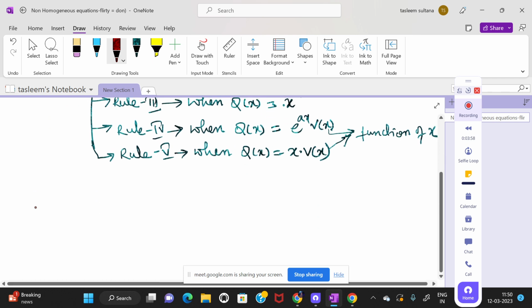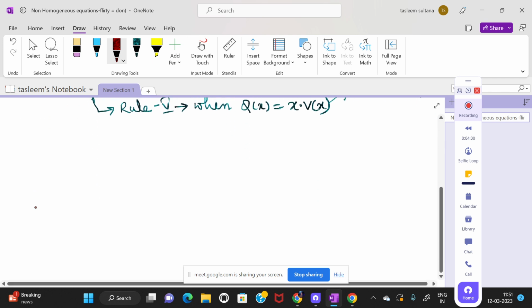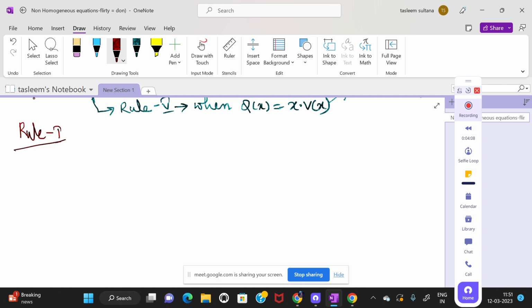So we'll see now rule 1, when Q of x equals e to the power of ax. How are you going to find the PI when Q of x is in the form of e to the power of ax?